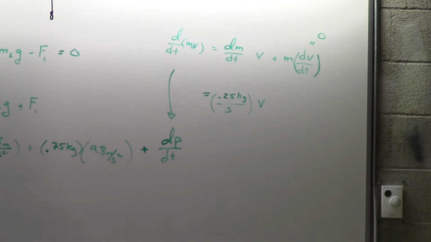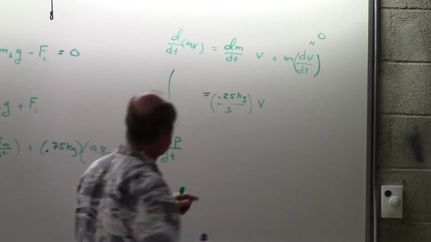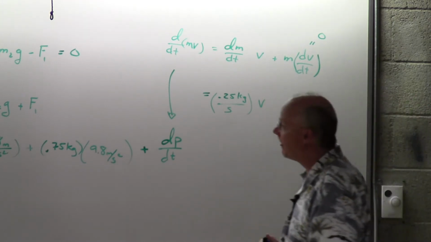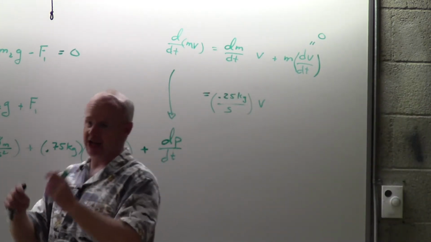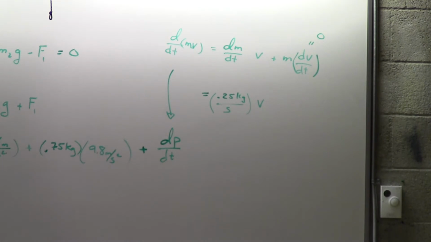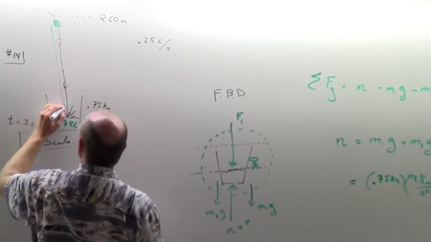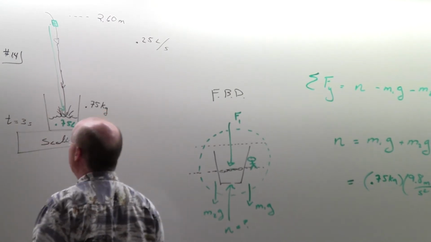Now, of course, I still have this question about, well, what is the speed of the water? But that really goes back a chapter to conservation of energy. And so let's figure out what the speed of the water would be when it got here.